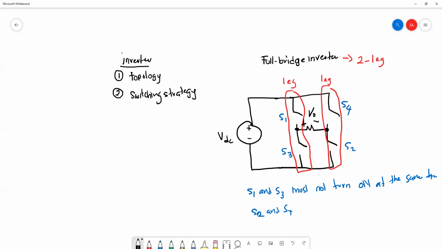For the switching, most of the topics will be discussed based on this inverter topology.